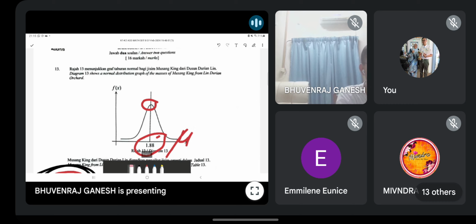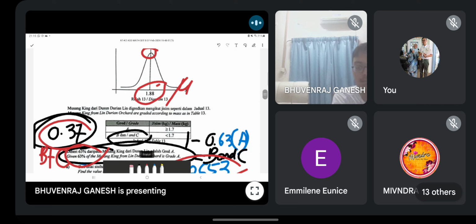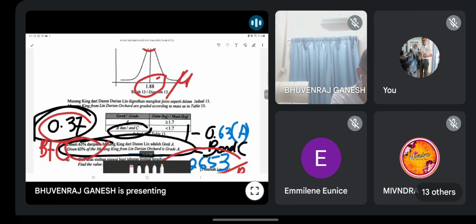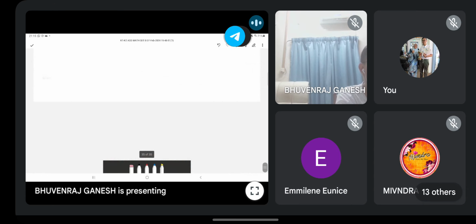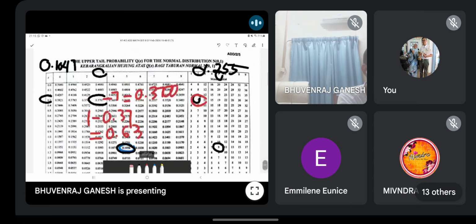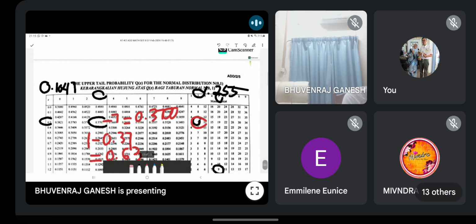Okay, standard deviation. What's the value for 0.332? Wait, you mean the score Z, right? 0.332. Oh, sorry, kebarangkalian is 0.37. For score Z, 0.332.